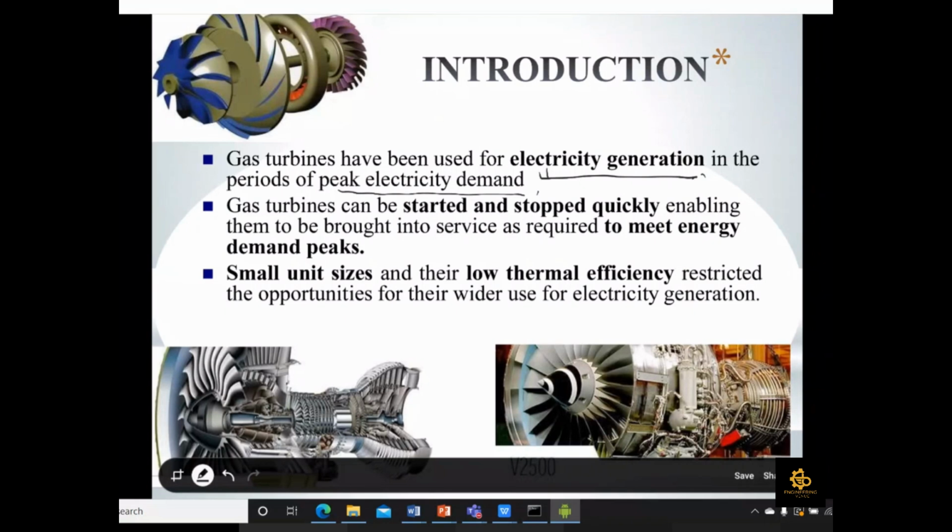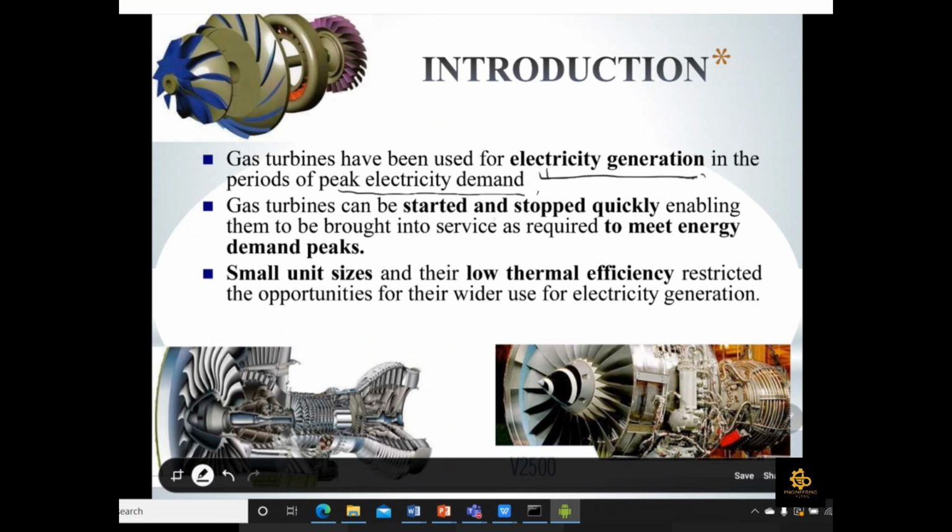I have already told you that whenever we want maximum efficiency from a power plant, we use the steam power plant and gas turbines cumulatively. In this lecture, we only talk about gas turbines.